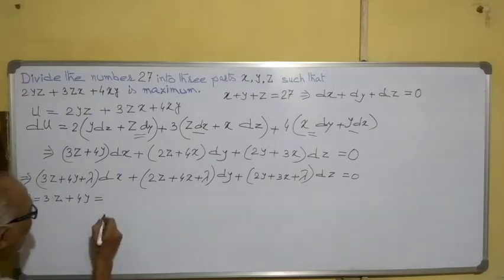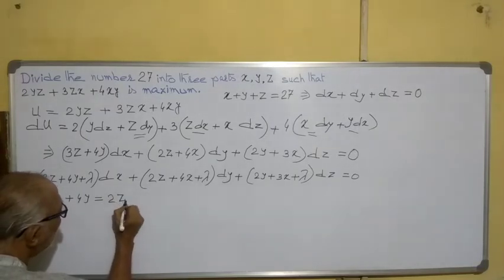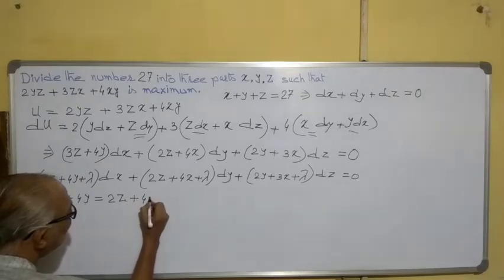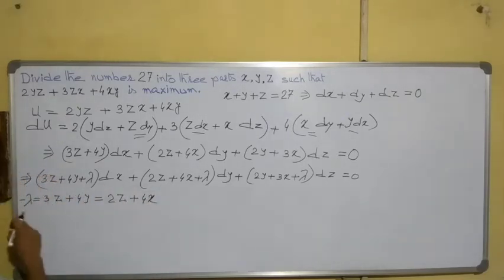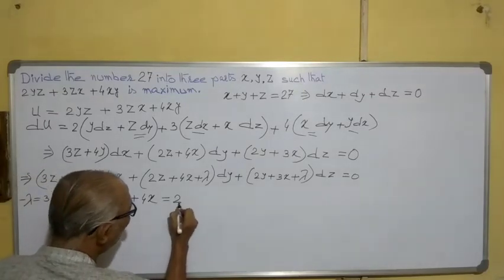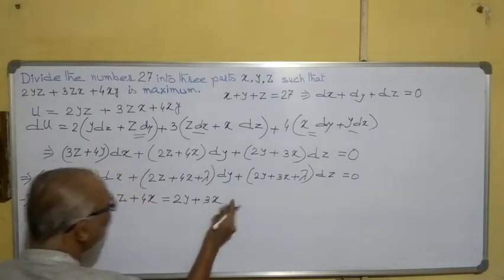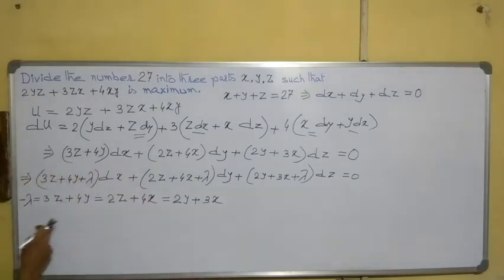Similarly, 2z plus 4x also equals minus lambda, and 2y plus 3x is also equal to minus lambda.